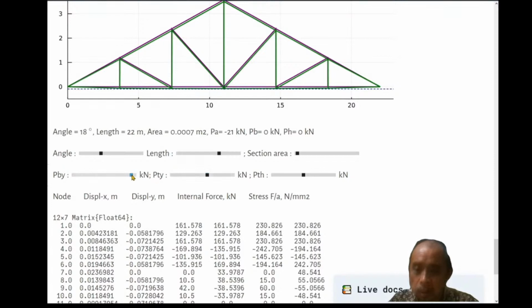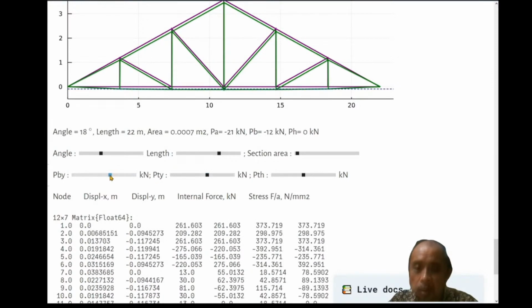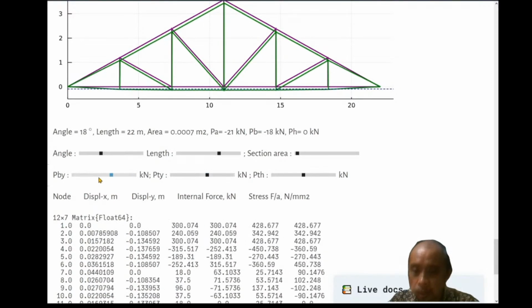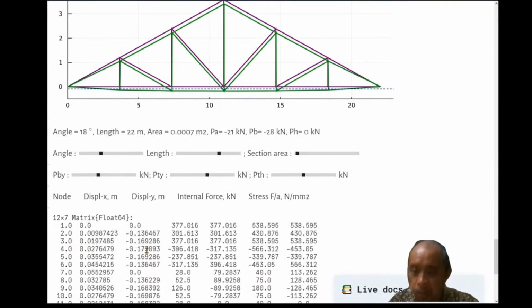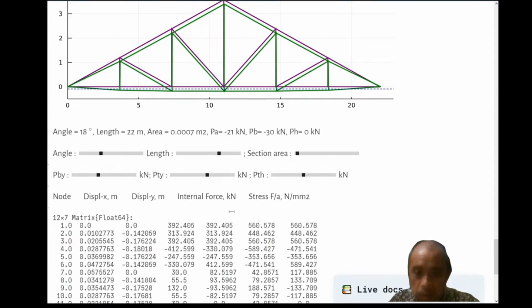but if the load is bigger and bigger, the displacement is getting bigger, and the forces also, and the stress also, it is already exceeding the yield point of the steel. Yield point of the steel for example, 240 Newton per square millimeter.